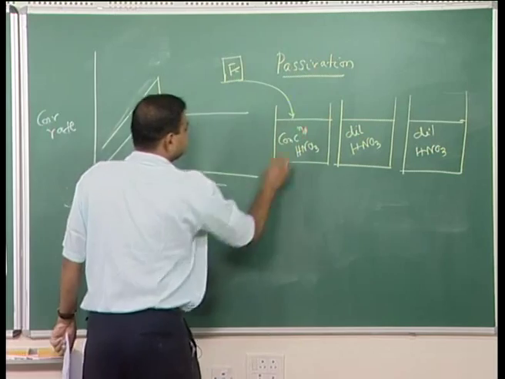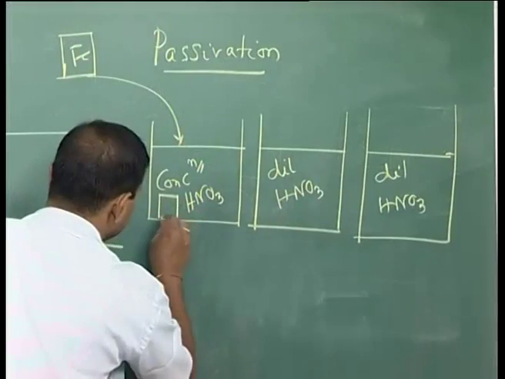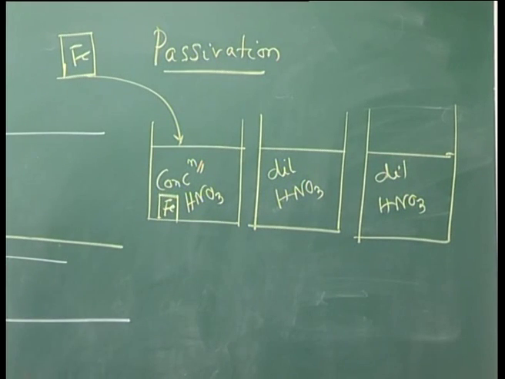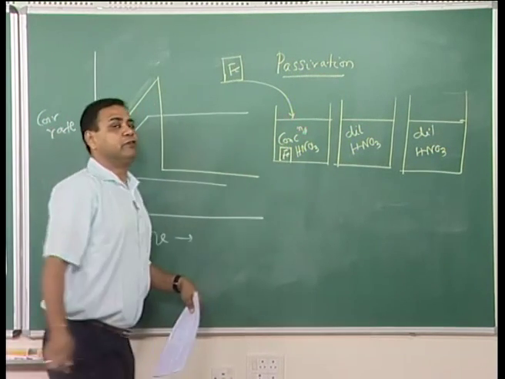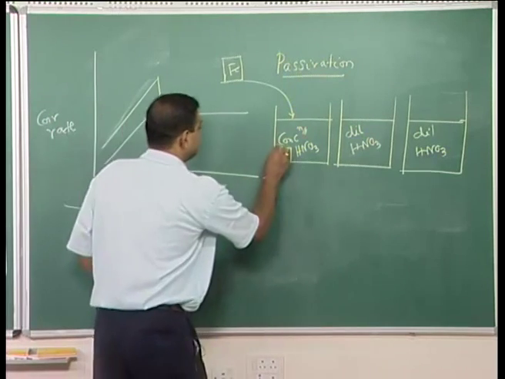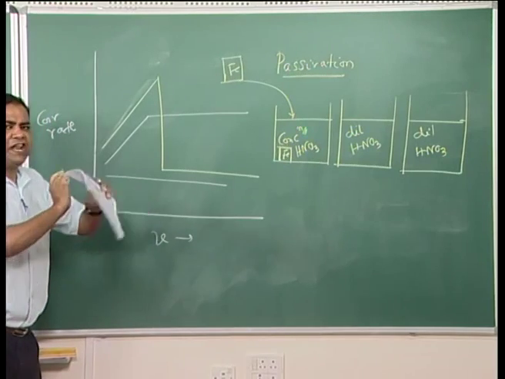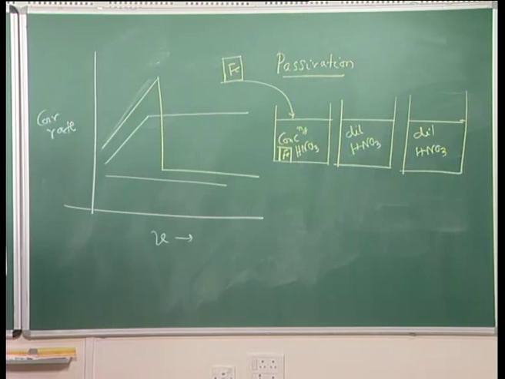Once he puts the iron piece inside, for some time, a few minutes, there would be vigorous bubble formation, and then there would be no bubble formation. Initially it will show some bubble formation, but after that it will remain like this, as if there is no reaction happening.